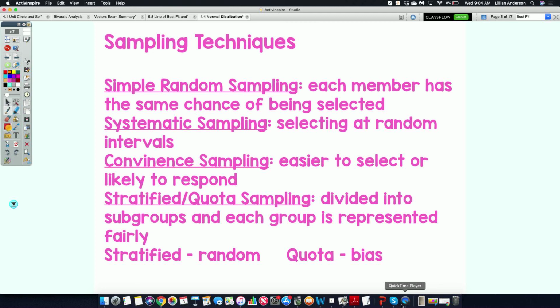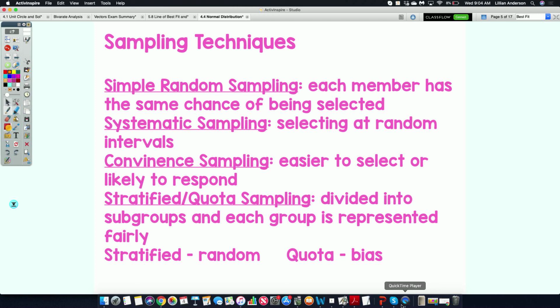Okay, so you first have your simple random sampling. Simple random sampling is when each person or each member has the same chance of being selected. Okay, that's what makes it simple and random. For example, when Mr. Saran decides to send out an email to all the students of Lake Wales to collect information about the students, that's an example of simple random sampling.